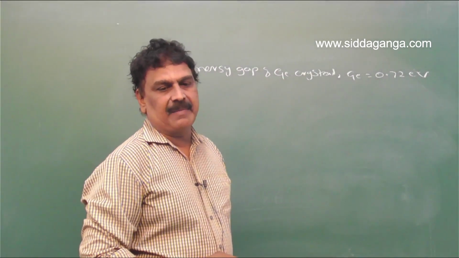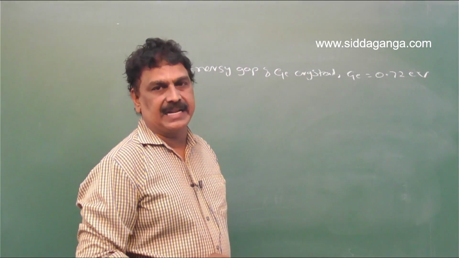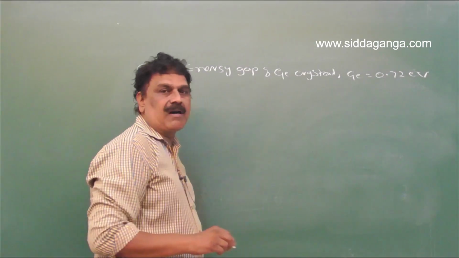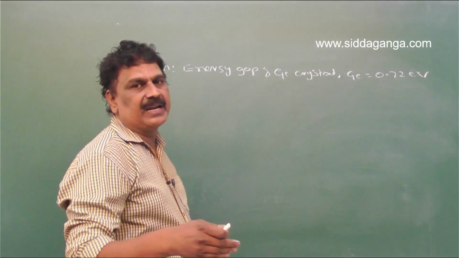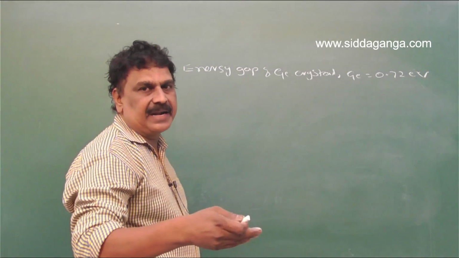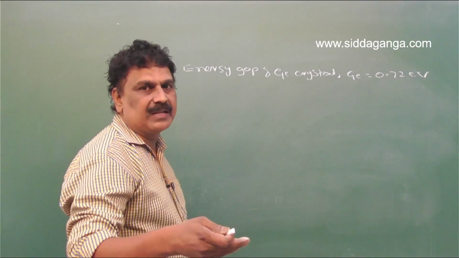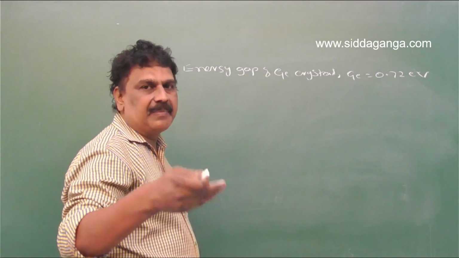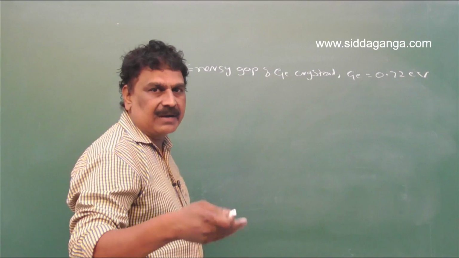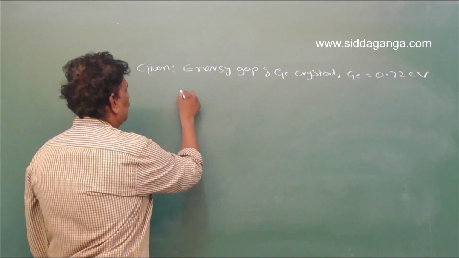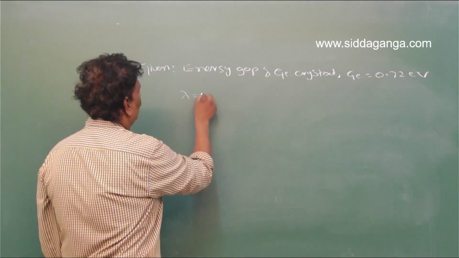The maximum wavelength that can generate an electron hole pair is the wavelength corresponding to the energy incident on the germanium crystal so that it can break the covalent bonding and produce an electron hole pair. So lambda is equal to what?